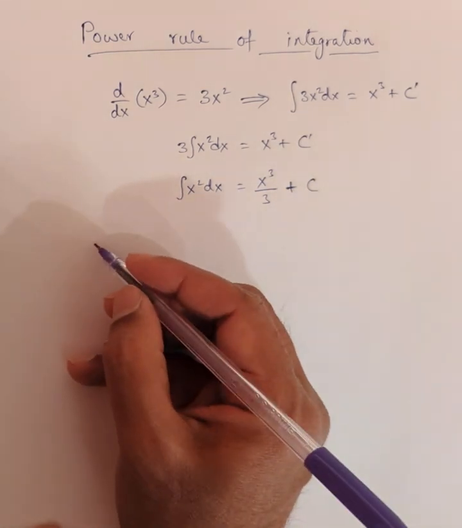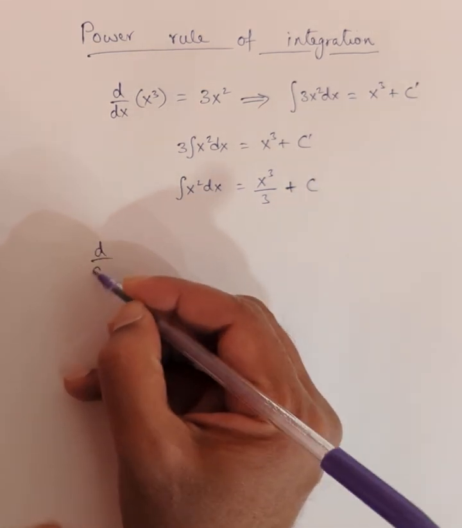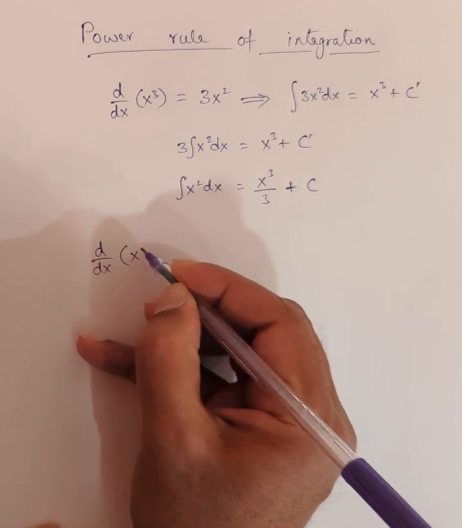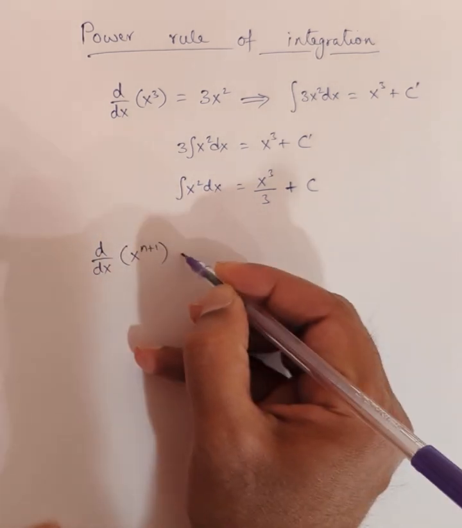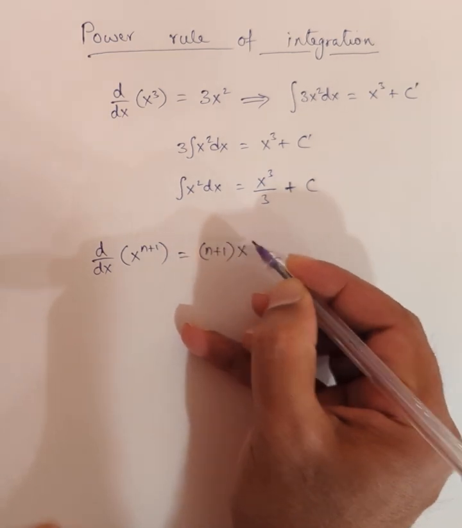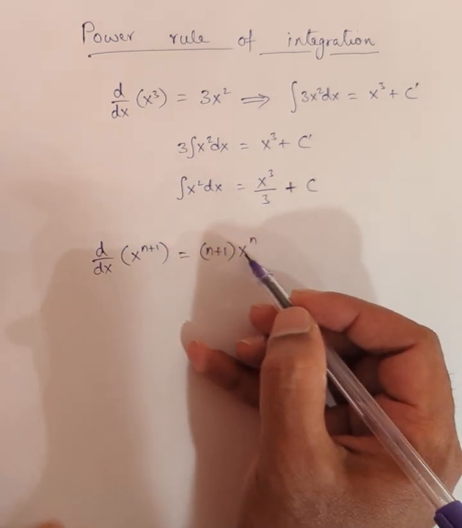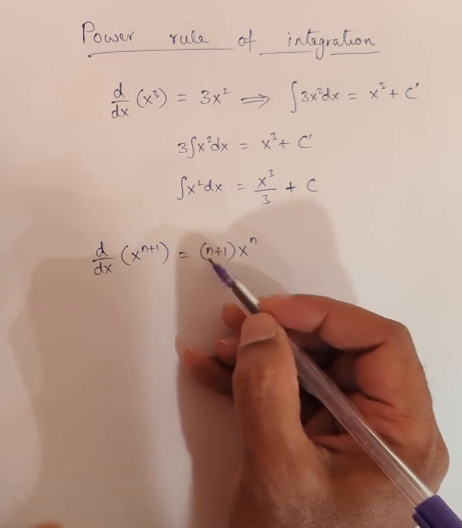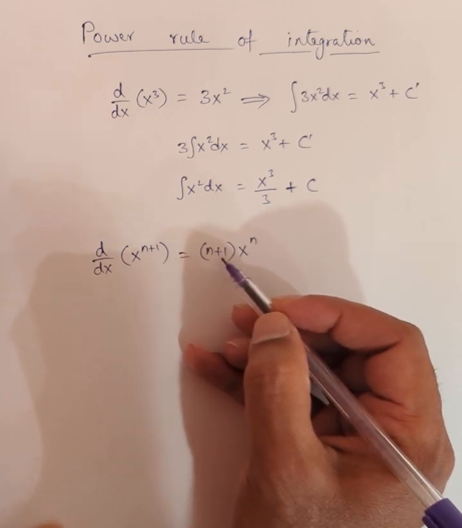So in general, if you were to take the derivative of x to the n plus 1, that's when you're going to have x to the nth power. And then you would be multiplying by n plus 1.